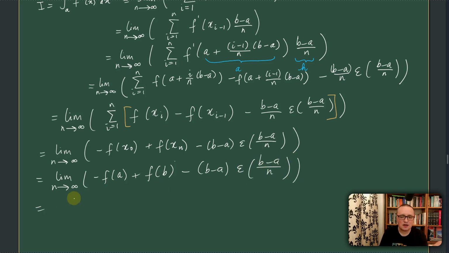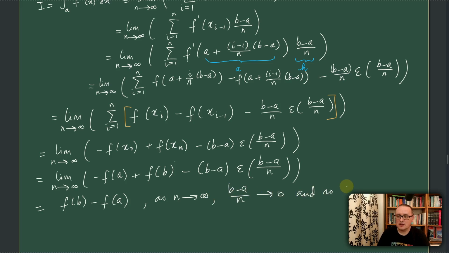These two terms are just constants, so we get f of b minus f of a. Here I'll just reorder it that way because that's the way it's quoted in the result. And then we've got the limit of this term, which is the limit of this factor from the original error term, epsilon evaluated at this. All we need to note here is that as n goes to infinity, (b minus a) over n goes to 0.